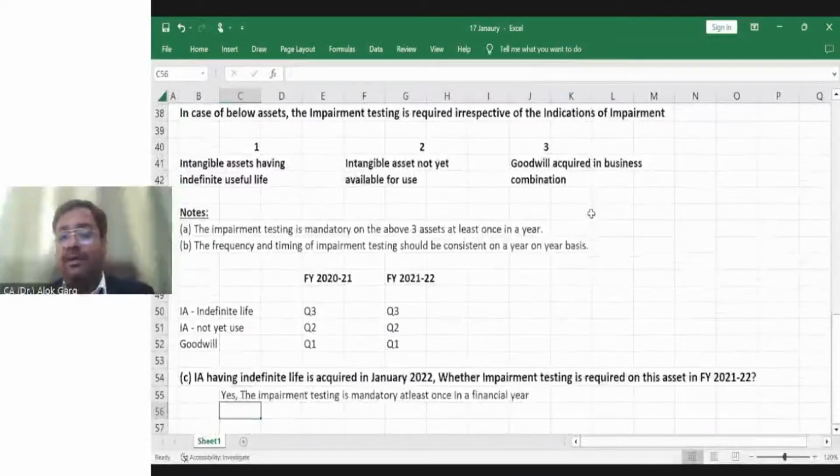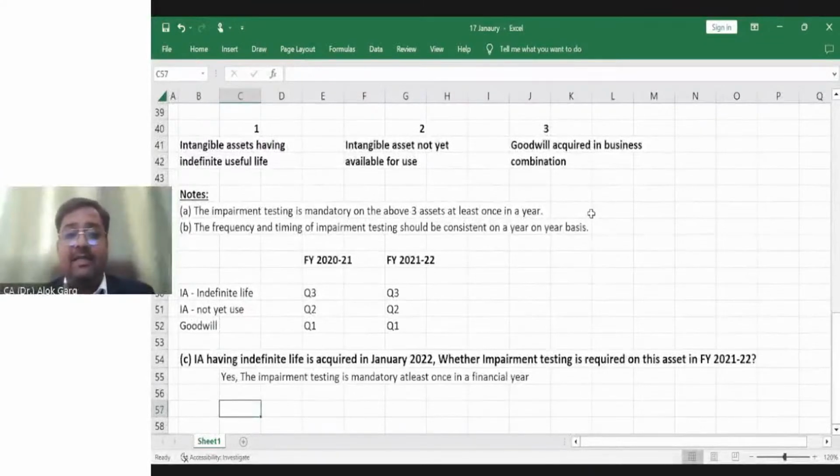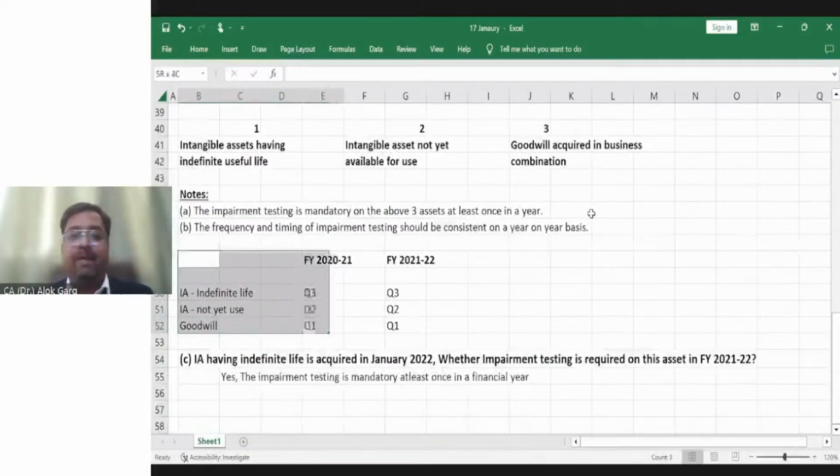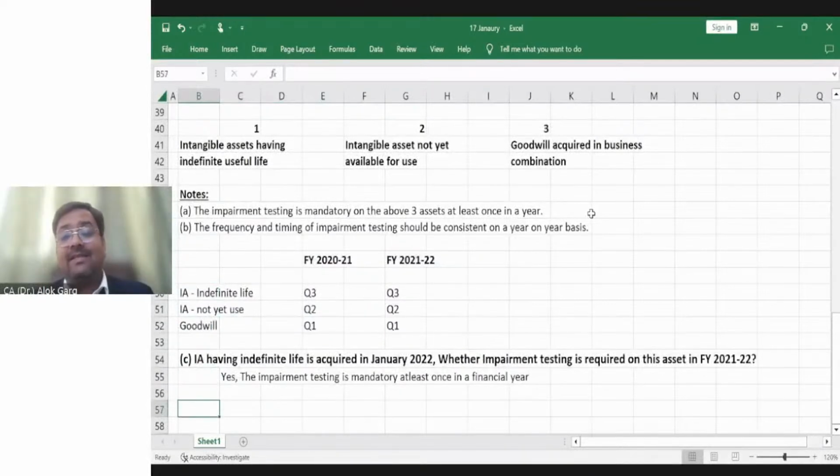And what are the important notes? The important criteria is first, the impairment testing is mandatory on all these exceptional assets at least once in a financial year. Frequency and timing of impairment testing should be consistent on a year-on-year basis, which I have explained with the help of this example, right? And even if the intangible asset is acquired during the year, impairment testing is still mandatory for that intangible asset.